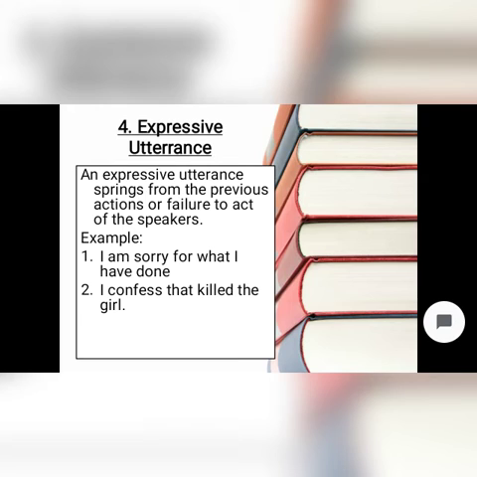Expressive utterances are thus retrospective and the speaker involves acts like acknowledge, admit, confess, deny, and apologize. For example, first, I'm sorry for what I have done. Second, I confess that I killed the girl.